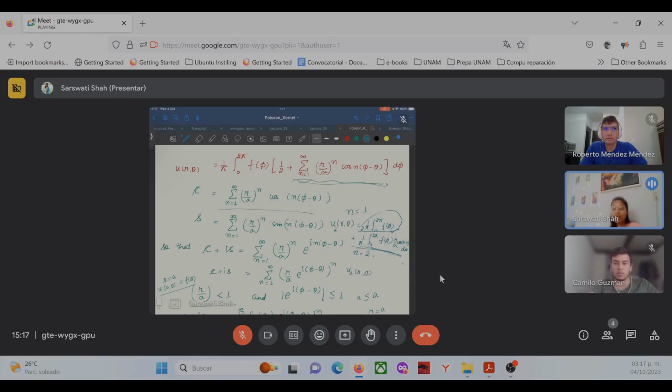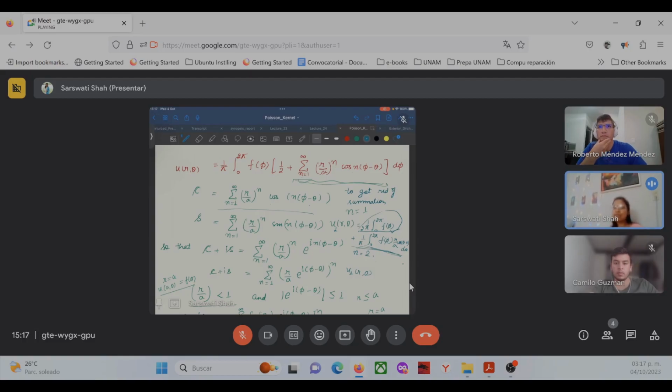Now we are writing the solution in the form of a summation, where you are varying something. So it is not a closed form solution. You still have to take the summation of a series. So our aim is to get rid of the summation.